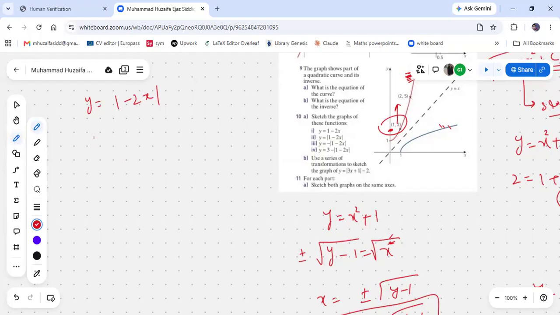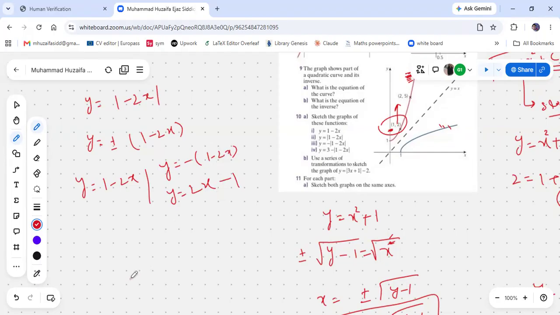We have y is equal to plus or minus the square root of 1 minus 2x, and y is equal to minus the square root of 1 minus 2x. So this is equal to 2x, and this is the minus 1.